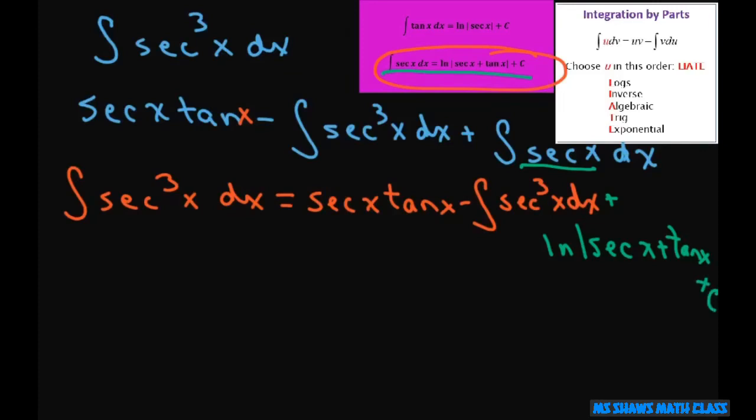Now the problem we have is this part right here. So what I'm going to do is add it to both sides of the equation. So if I add it to this side, it'll go away, and I'm going to add it here.